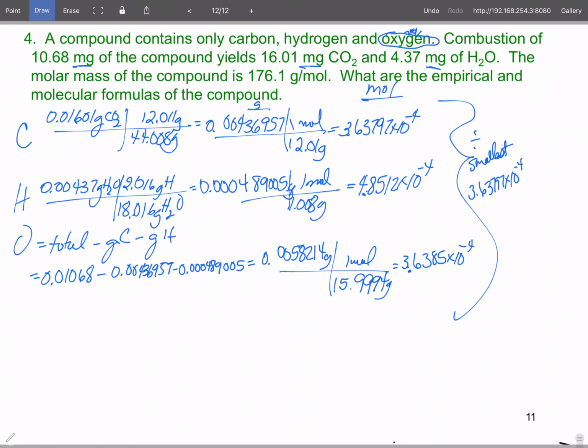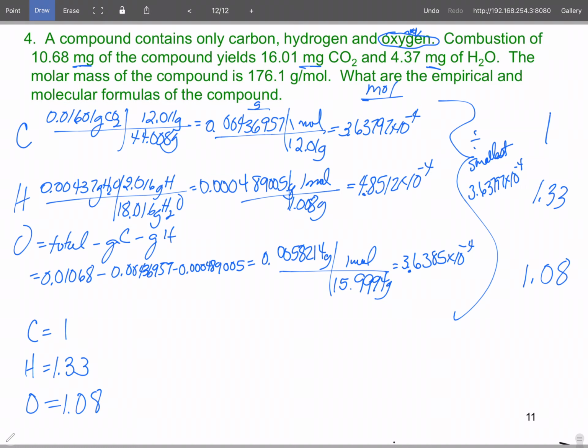And again, you don't have to write smallest. You can just write the number, or you can write smallest as long as you follow it through. So that's going to give you a value of 1, 1.33, and 1.08. So that means we have carbon equal to 1, hydrogen equal to 1.33, and oxygen equal to 1.08. Now, if I was working on this on paper and I still had room, I'd keep going to the right.